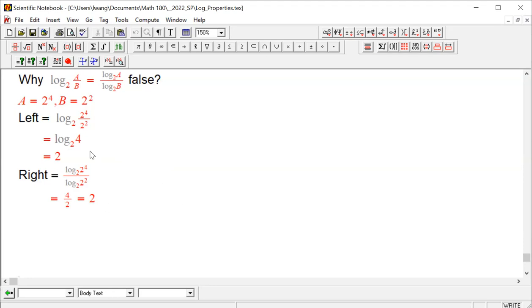Sometimes you may find a case that is true, but true once does not mean true. Only false once means it's false. For truth to be true, we cannot be satisfied with true once. It has to be true in every case. So we're going to continue to see whether this is going to be the case.